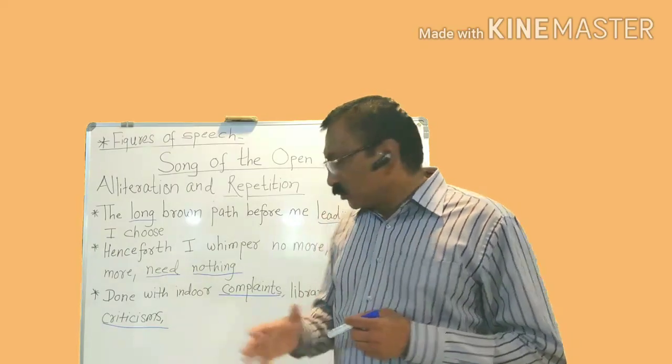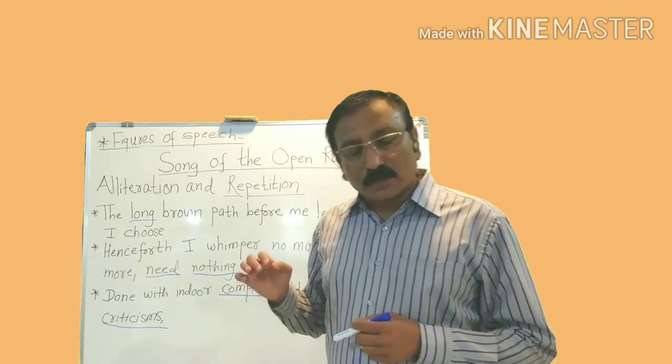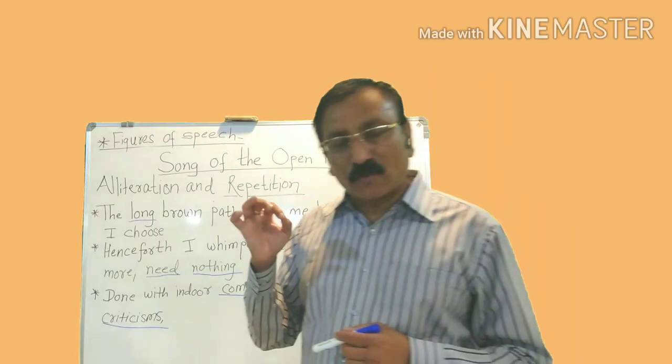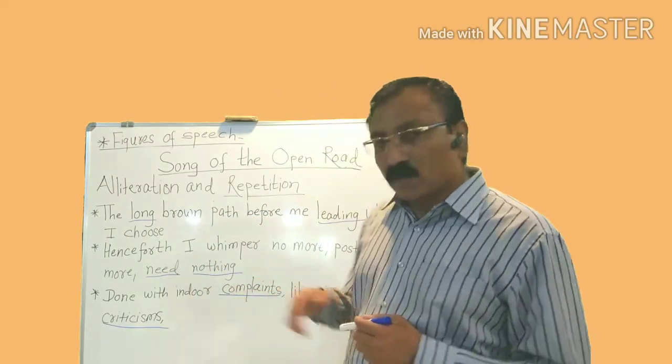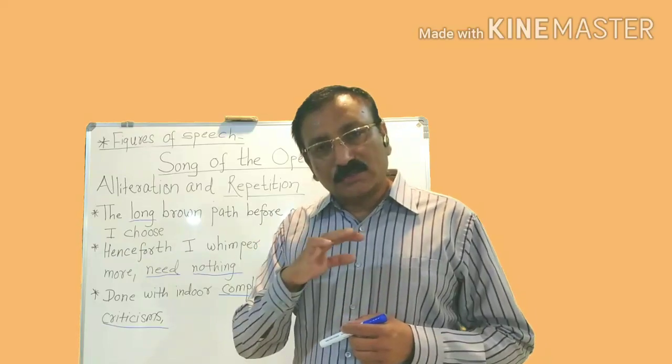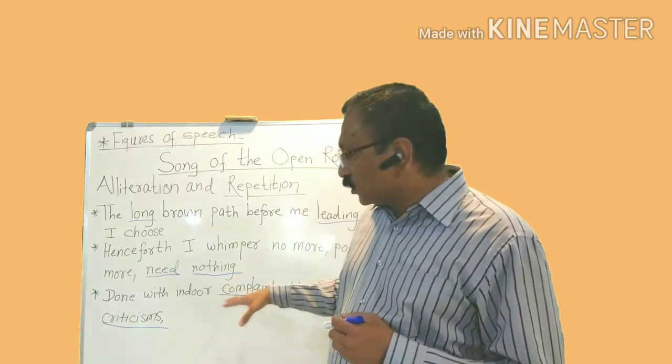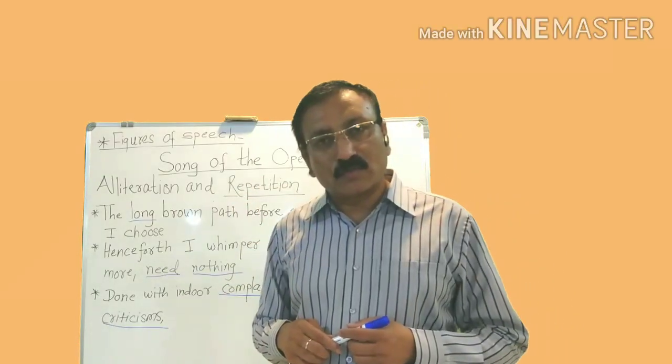We can explain this line in this way. The given line is an example of alliteration because in this line the sound K is repeated thrice.